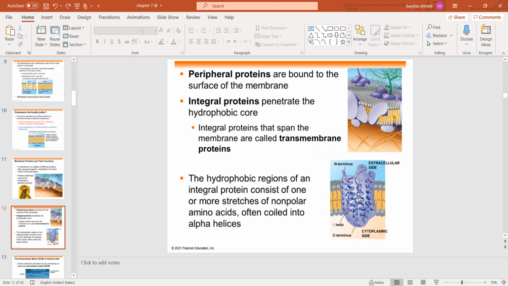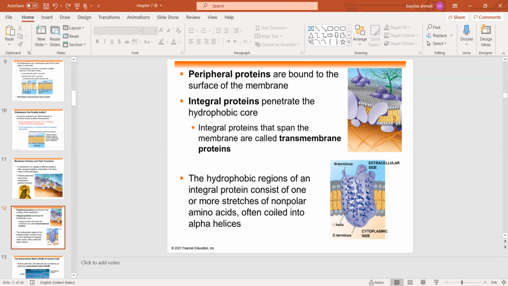We have 20 amino acids, and if you remember, 10 or 12 of them are nonpolar. So nonpolar amino acids form the hydrophobic region of transmembrane proteins, 20 or 30 amino acids in length, usually coiled into an alpha helix.